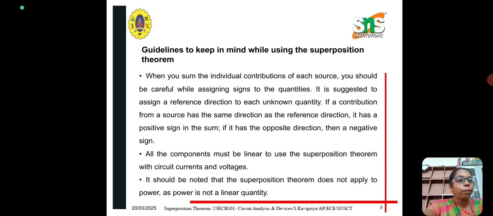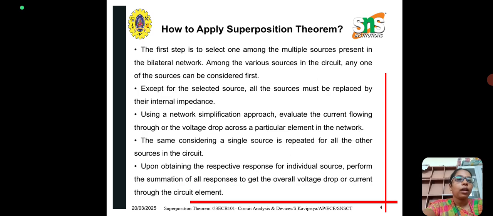If it has the opposite direction, then the negative sign is assigned. All the components must be linear. So, the superposition theorem will be applied only to linear elements. It should be noted that it can't be applied to calculate power because power is not a linear quantity.